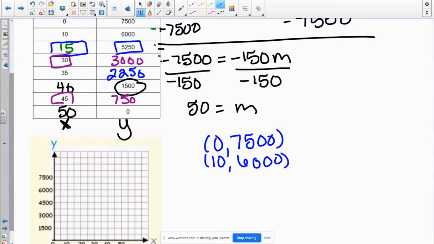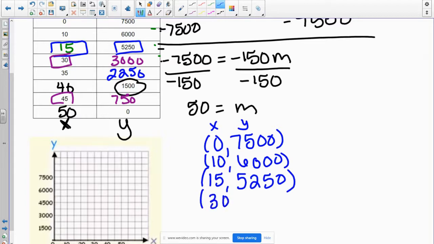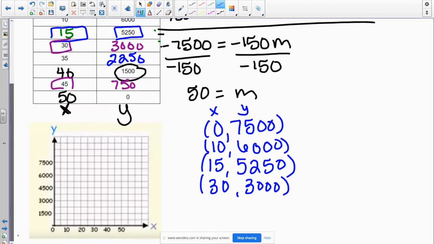Okay, and notice that I'm just taking the input, which is your X, and putting it here, and your Y value, which is your output, becomes the Y coordinate of the point that we're going to graph here in a little bit. We have 15 minutes. We found out there would be 5,250 liters left. After 30 minutes, there's 3,000 liters left of water.